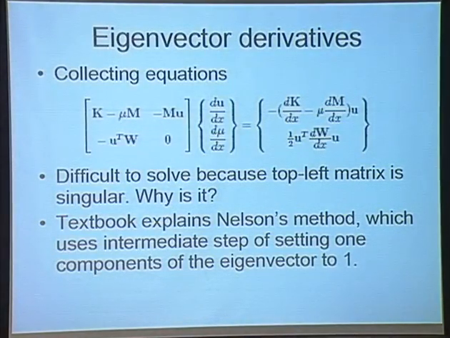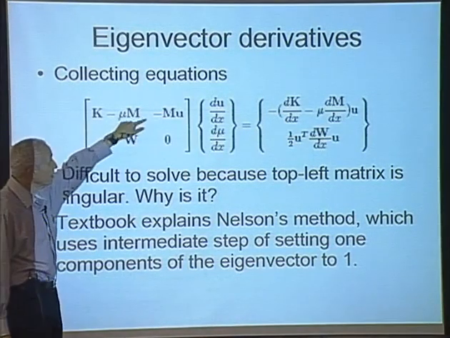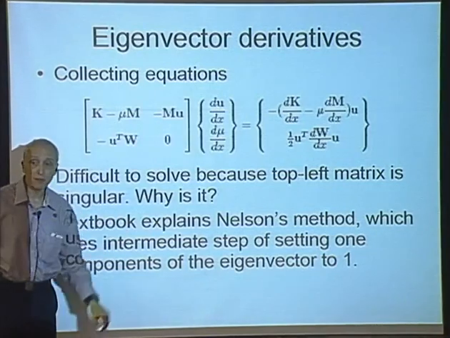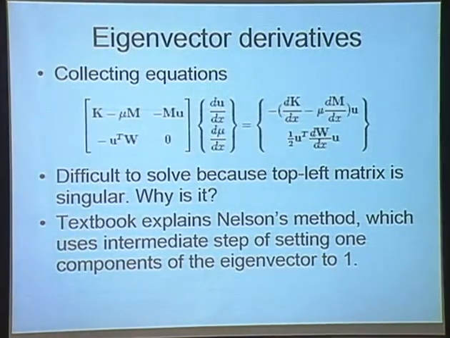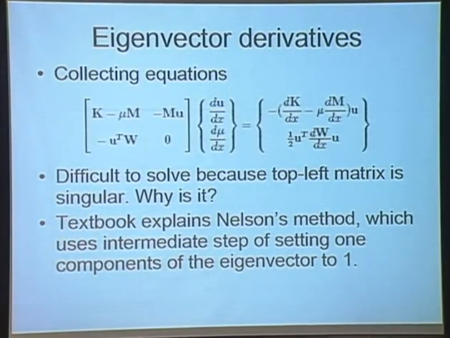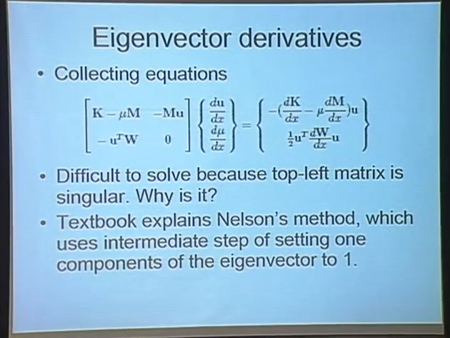The reason that it's difficult to solve is because this principal minor, that is the n by n principal minor, is singular. Could anybody remind us why is it singular?